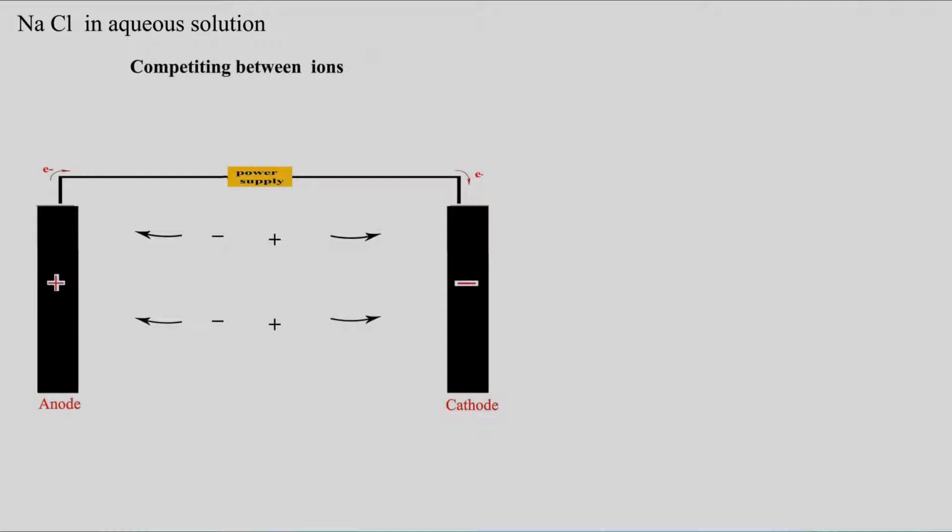When there are two negative ions, both wanting to go to the positive rod, and two positive ions both wanting to go to the negative rod, that is a competition between ions. And this happens in this case, NaCl in aqueous solution.